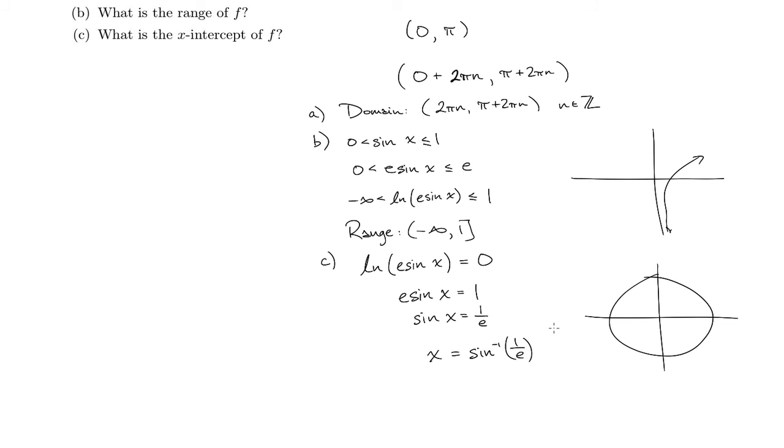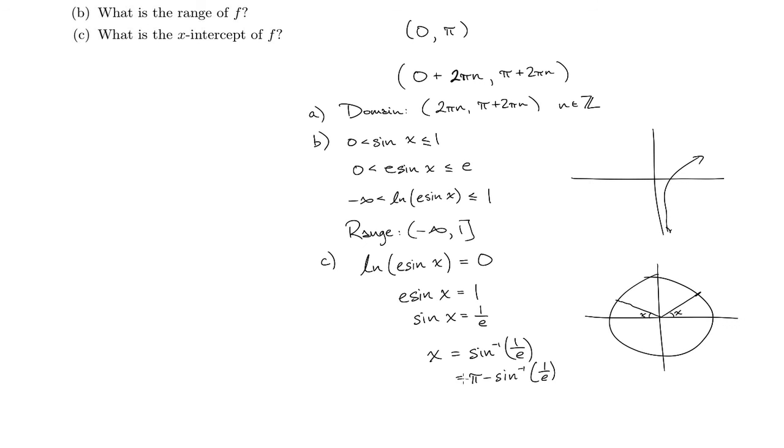Now, arc sine of 1 over e, who knows where that would be, somewhere around there. So this is the angle that this is our x. But there's also one over here, from the symmetry of sine. So that right there would be x. So we also have pi minus x, pi minus that number, I should say.